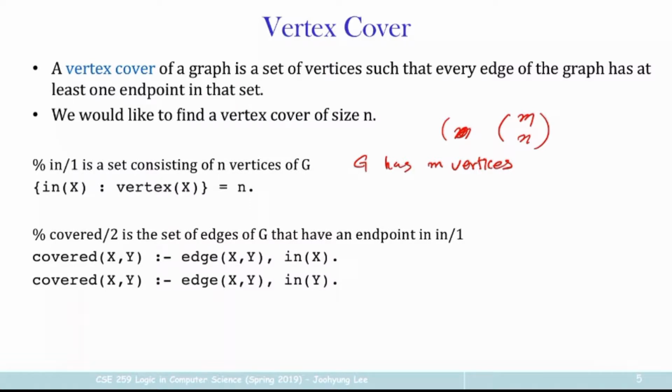Okay, question. How many stable models will there be if I add up to this part? We did a similar problem before. How many stable models will there be when I add these two rules?